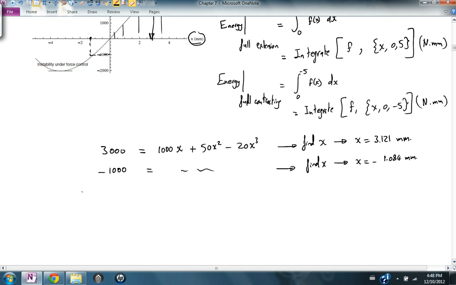The best way to find a root of an equation is to say FindRoot f is equal to 3000, x, and you have to give me an initial value, for example 0. This will spit out x is equal to 3.121 millimeter.